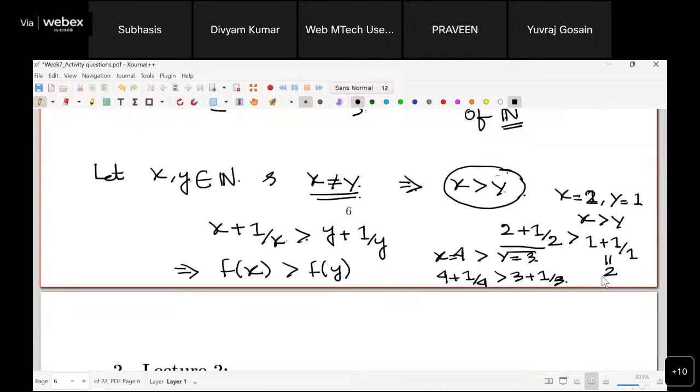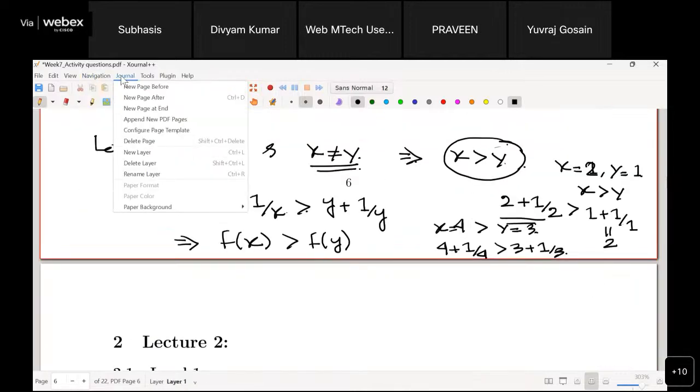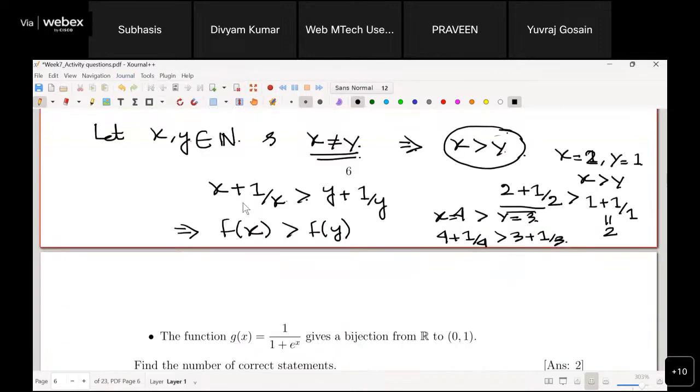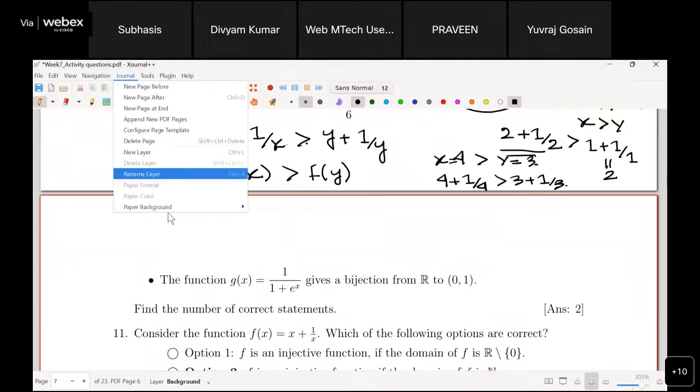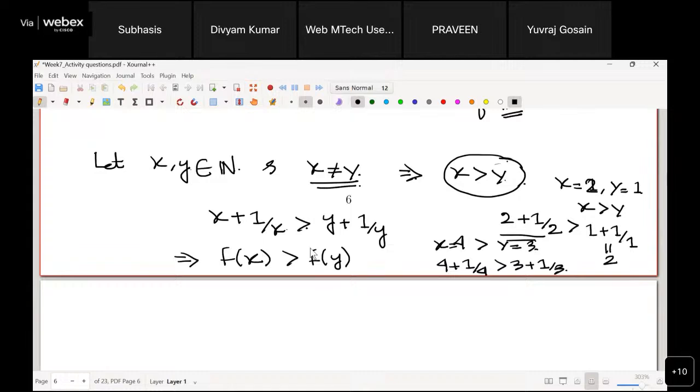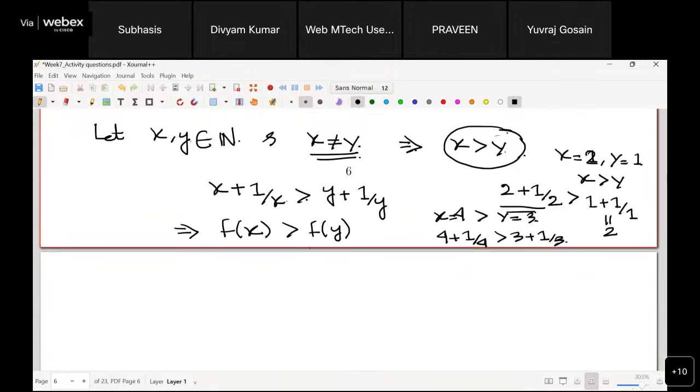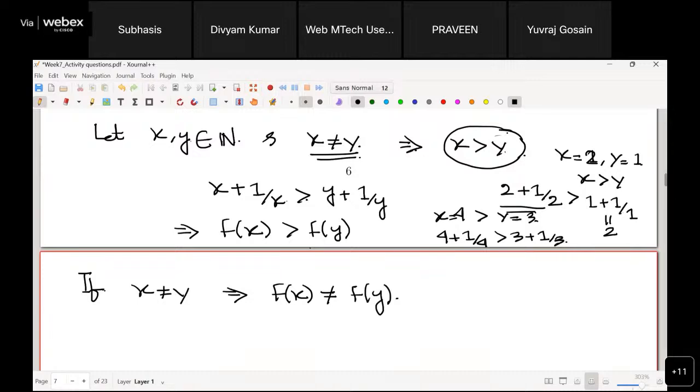So we basically prove that if x is not equal to y, then f of x is not equal to f of y. In other words, my function f is injective.